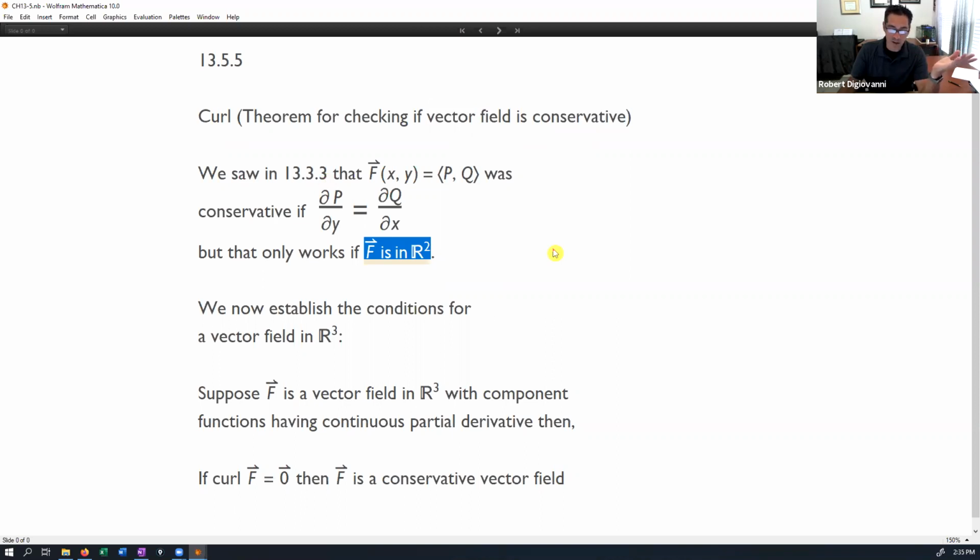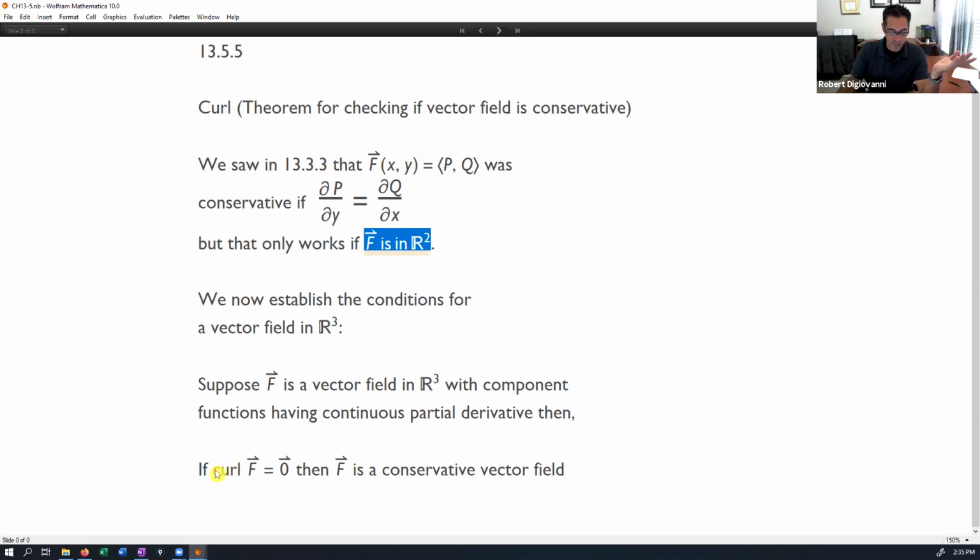Well, it turns out that if you calculate the curl and it's 0 everywhere, then you have a conservative vector field. So that's the easy check for conservative vector fields. Compute the curl, get the 0 vector. If you get the 0 vector, it's a conservative vector field.